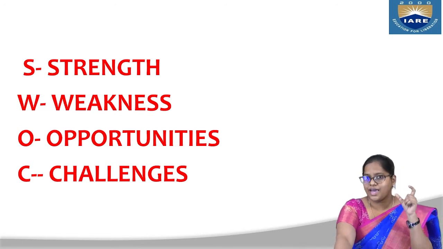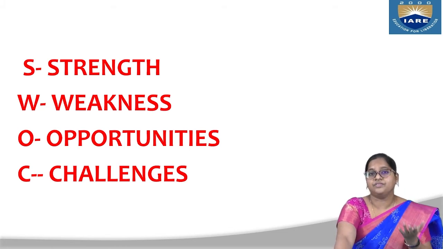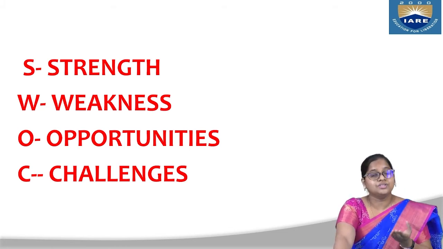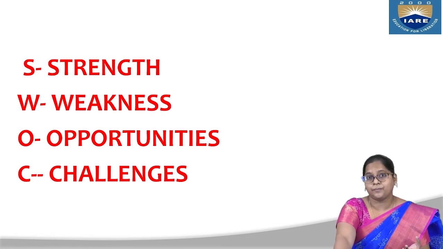So SWOC, or SWOT even, are two terms that we use interchangeably. S stands for strengths or strength. W stands for weakness or weaknesses. O stands for opportunities or opportunity.